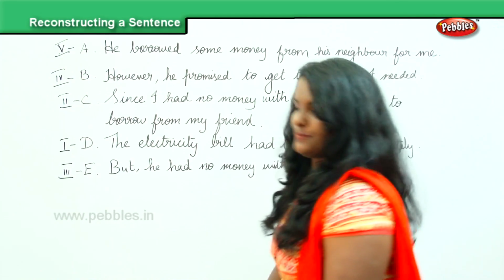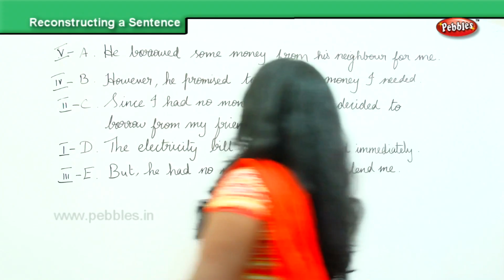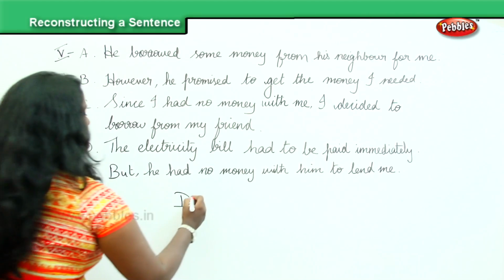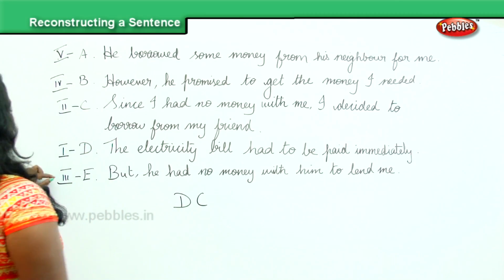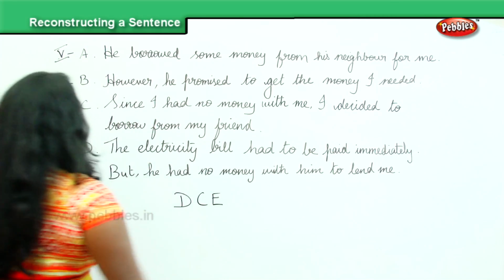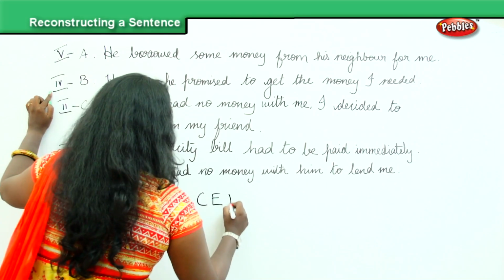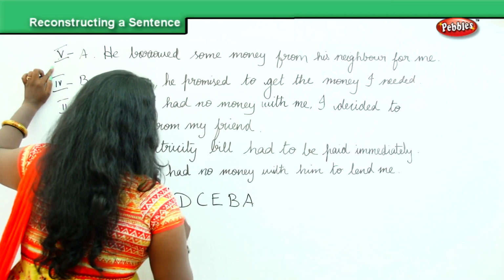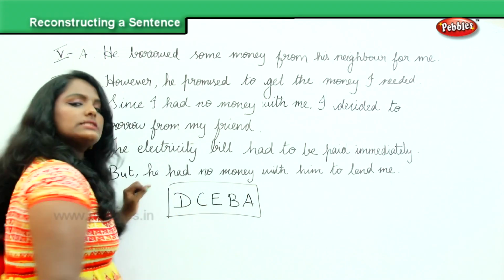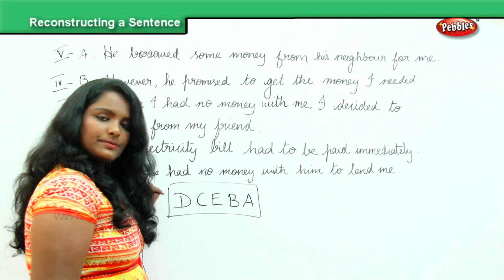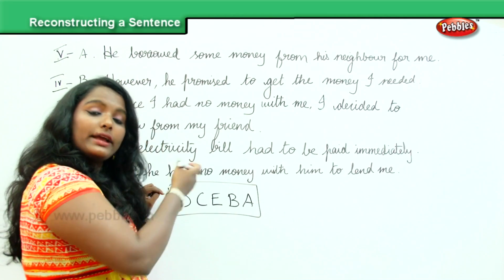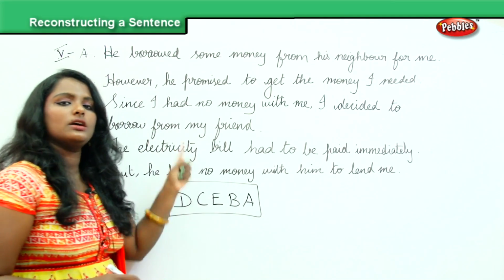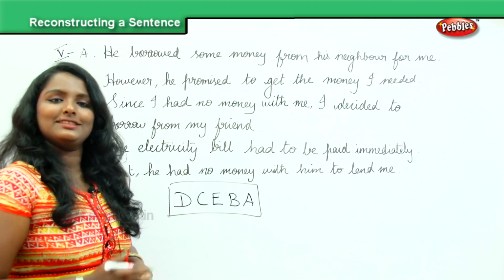So let's put down the proper sequence. What's 1? D. 2 is C. 3 is E. 4 is B. And 5 is A. You might be asked to choose the correct sequence, or you might be asked to write the correct sequence, or you might be questioned which sentence among these 5 can be the third sentence.